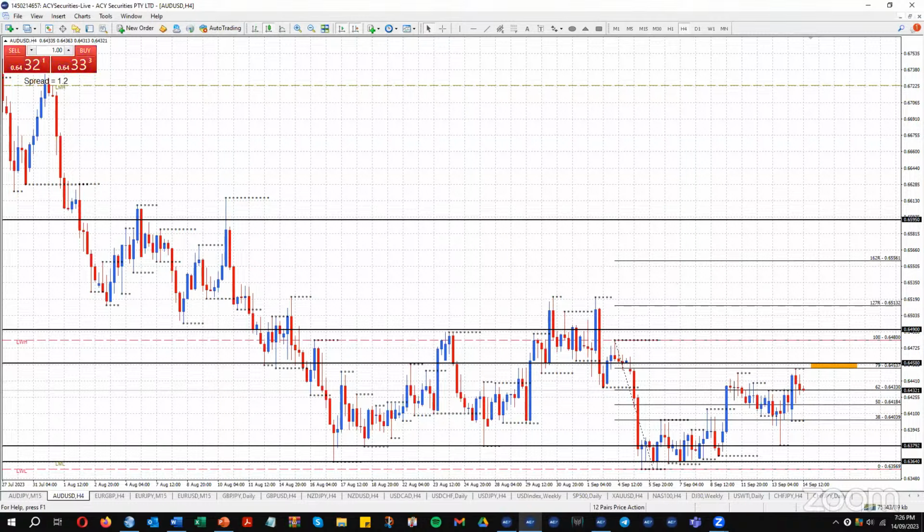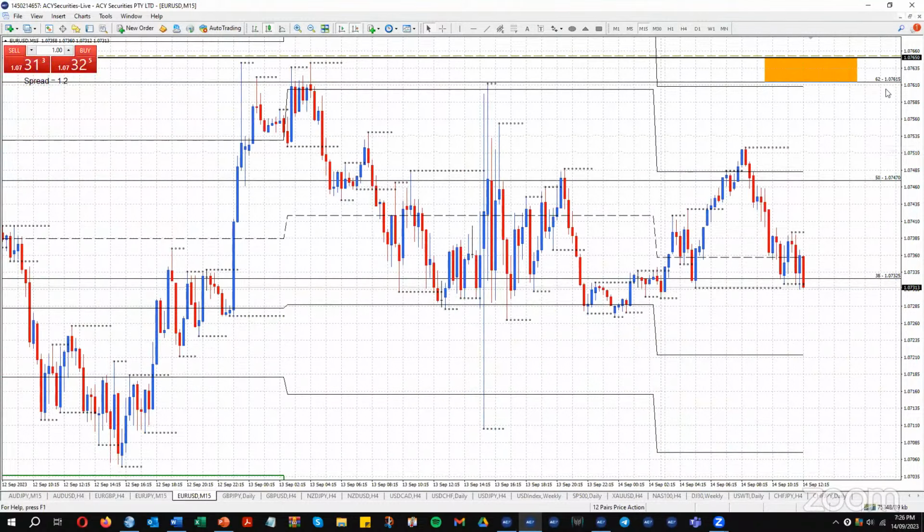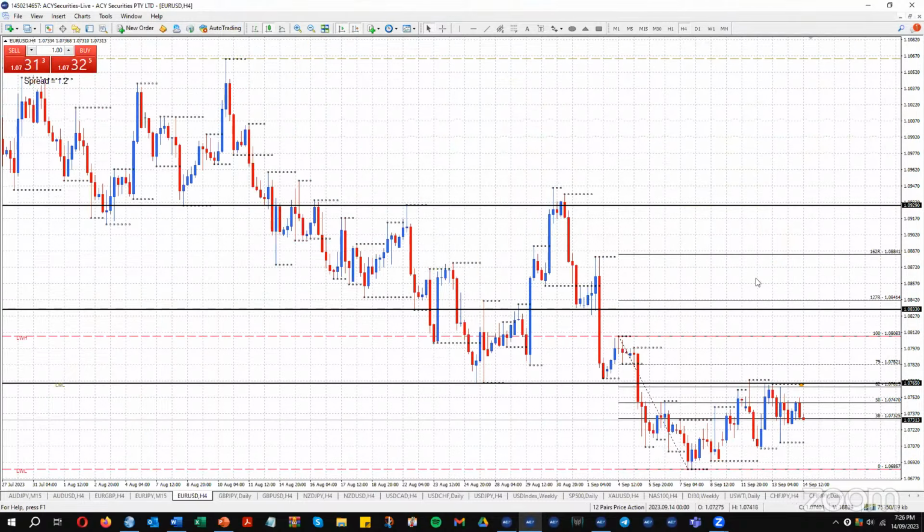All right. But if I go back to the euro dollar, just because that's the main event pair of the day, the range I'm monitoring at the moment is last week's high to low. The 62 level is where the market's holding at daily resistance. So that's the level I'm watching at the moment. That's how I've got my fib drawn.